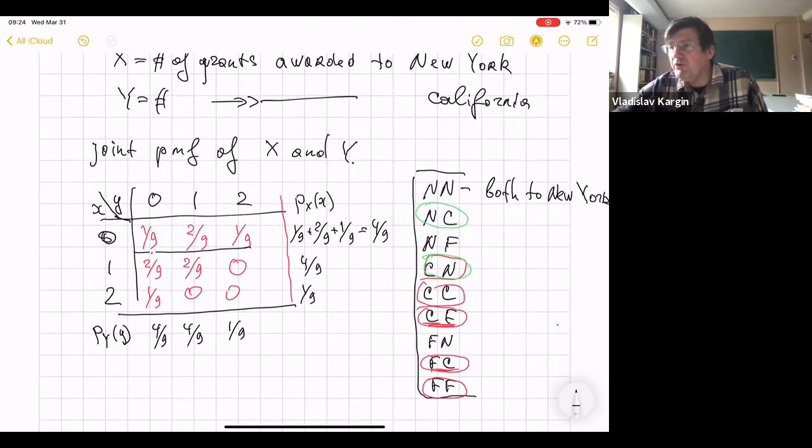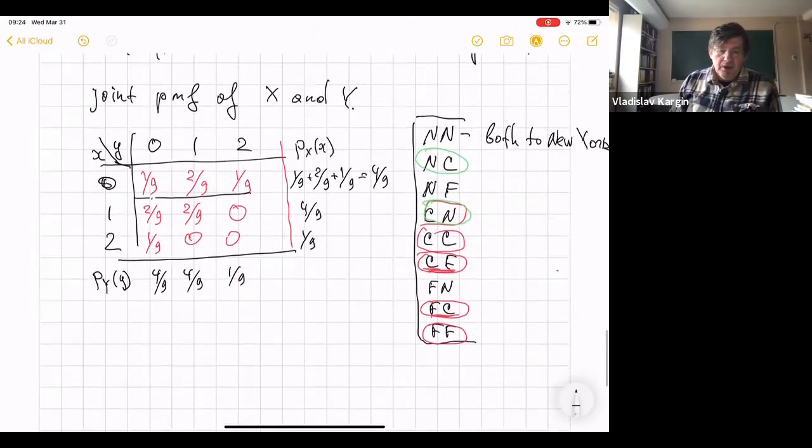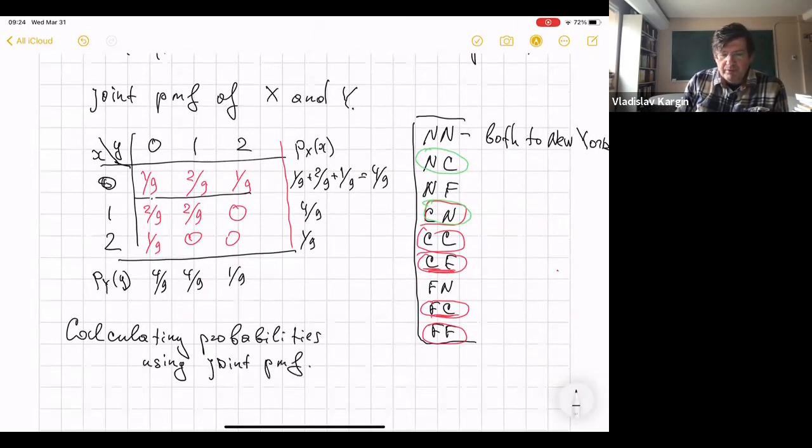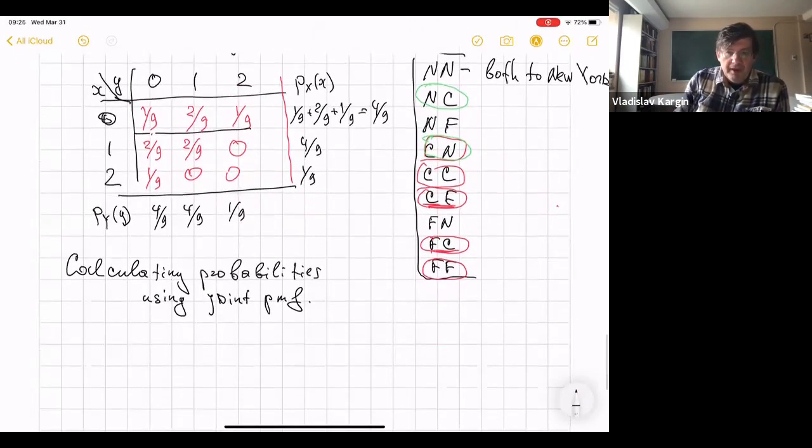And so now, how about calculating probabilities using these tables? This is why we'll need this. So, calculating probabilities using the joint PMF. The formula: we'll just need to sum over all individual outcomes.